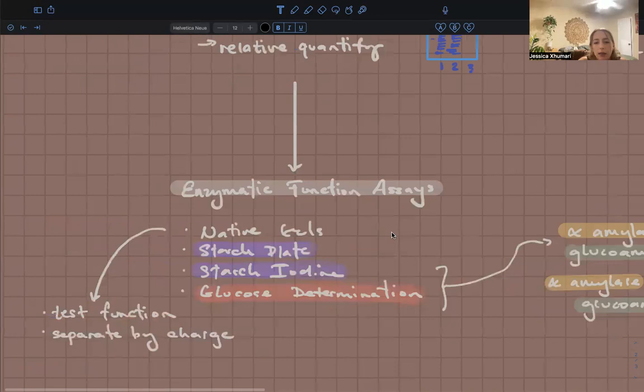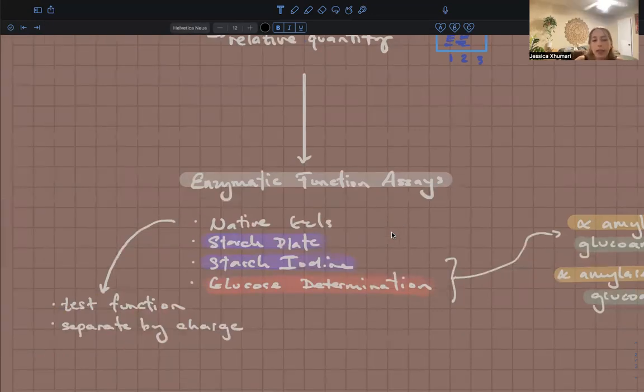So alongside the SDS gels, we also have native gels or zymograms. That allows us to test the function and potentially measure the charge. We didn't do that in this class, but native gels are able to separate by charge because they don't uniform the charge.